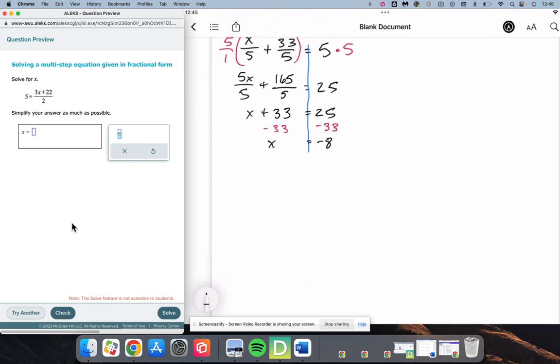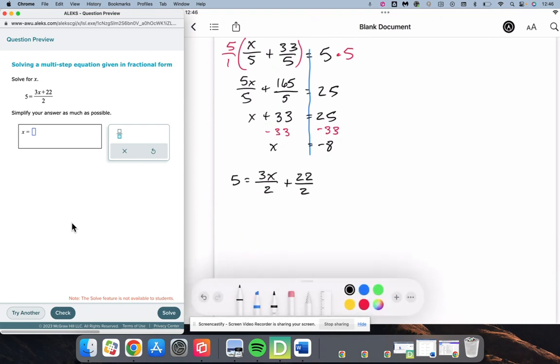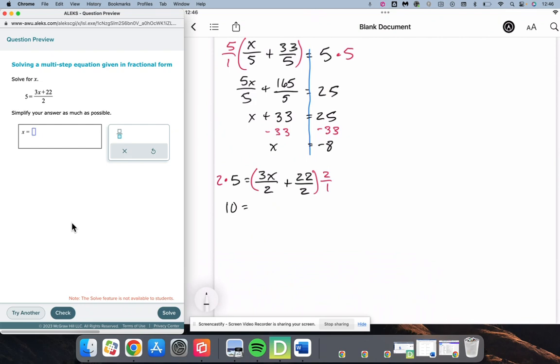Okay. We have 5 is equal to 3x over 2 plus 22 over 2. Our denominator is 2. We're going to multiply both sides by 2. It's going to give us 10 is equal to 6x over 2 plus 44 over 2.